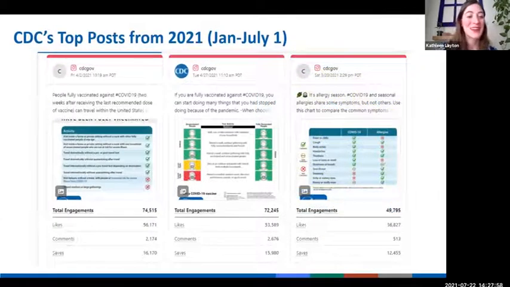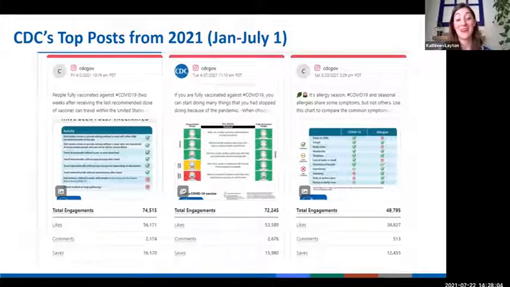Okay, thank you. After the last year through now, conveying information has just been of the utmost importance. As you can see from these top performers from 2021, sorted by engagements, charts were the top contender. We have a chart on allergies, when to wear a mask, and what fully vaccinated people can do. If you look a little closer, you can see that all three of these were timely.